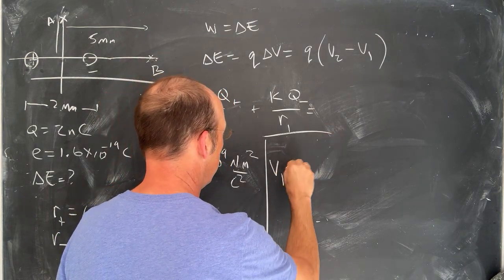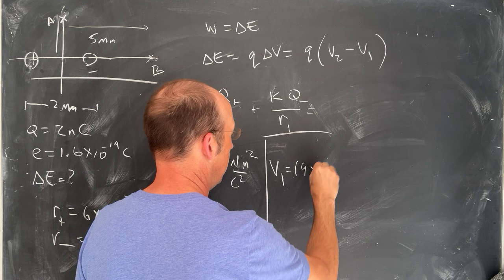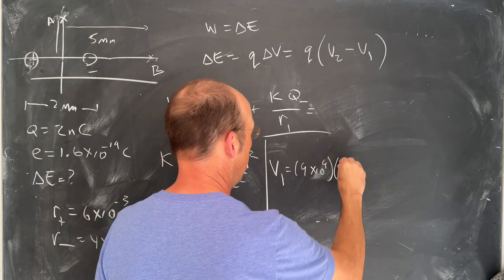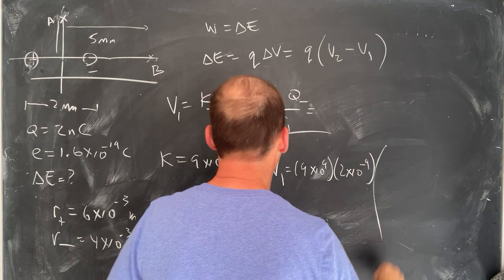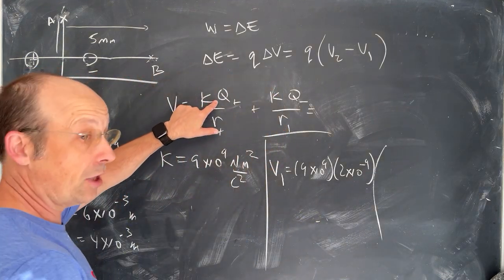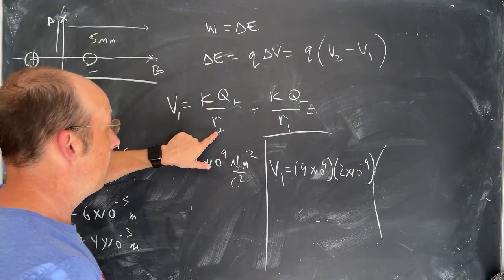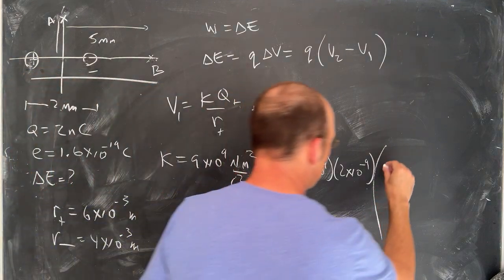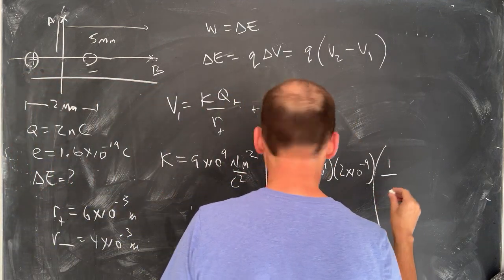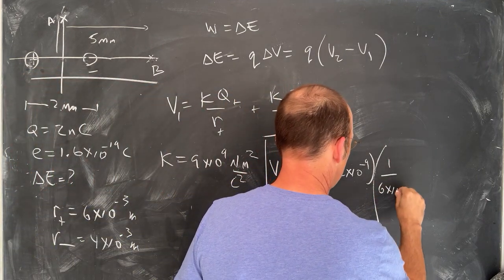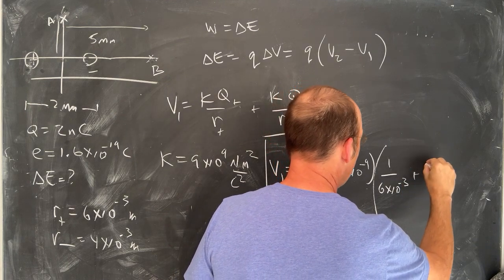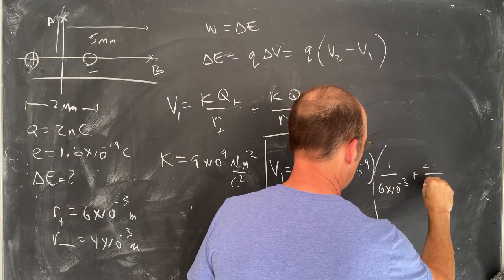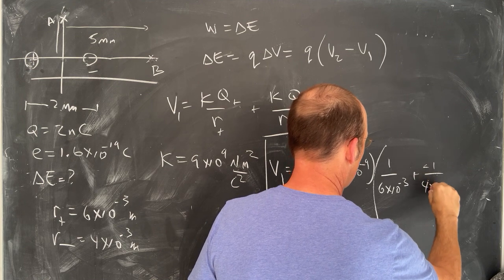So V1 is going to be 9 times 10 to the 9th, 2 times 10 to the negative 9th. And now I have plus 1, because I factored out the kQ, plus 1 over r plus. So it's 1 over 6 times 10 to the negative 3, plus minus 1 over 4 times 10 to the negative 3.